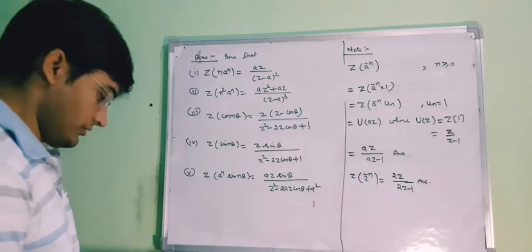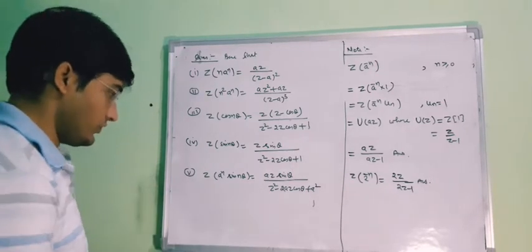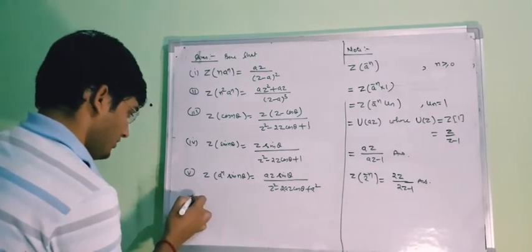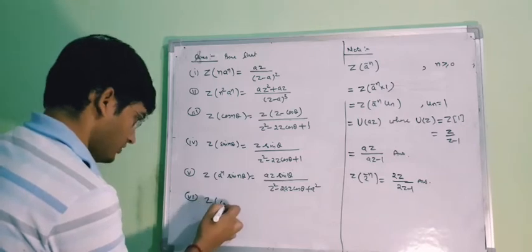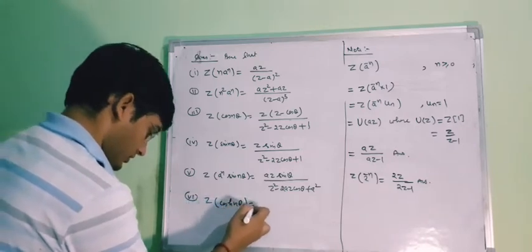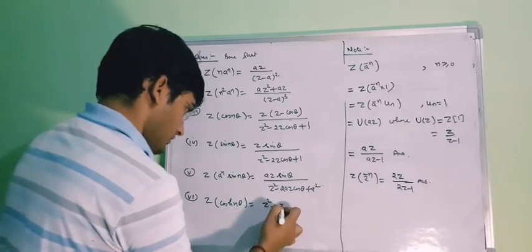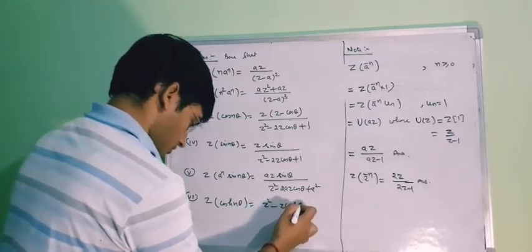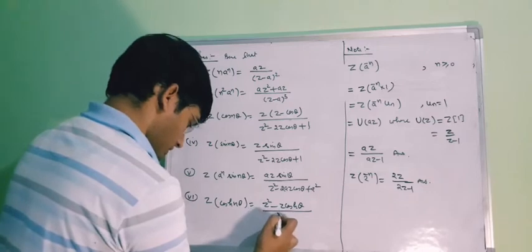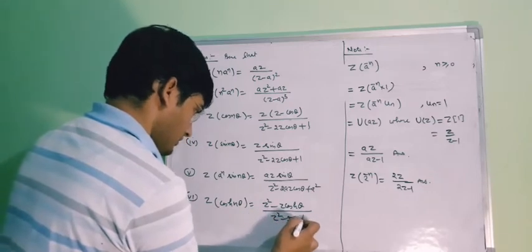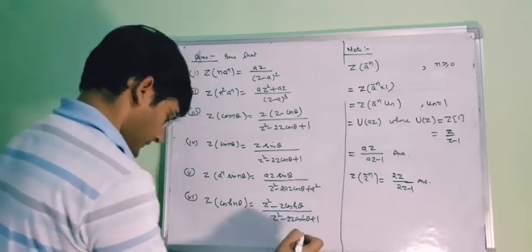Then we have the formula for Z transformation of cos hyperbolic n theta. This is your z square minus z cos hyperbolic theta upon z square minus 2z cos hyperbolic theta plus 1.